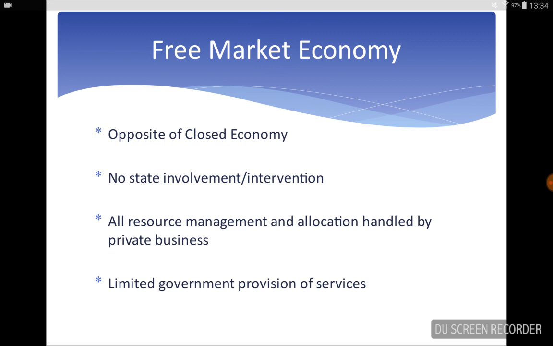So in a free market economy, the state does not intervene, the state does not get involved. So you wouldn't have seen, for example, when the banks hit the crisis in 2008, the state jumping in and intervening and saving banks.